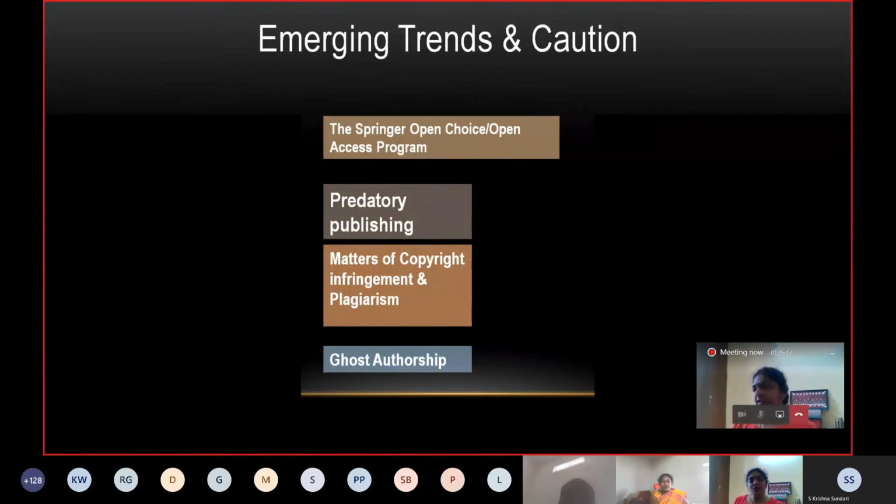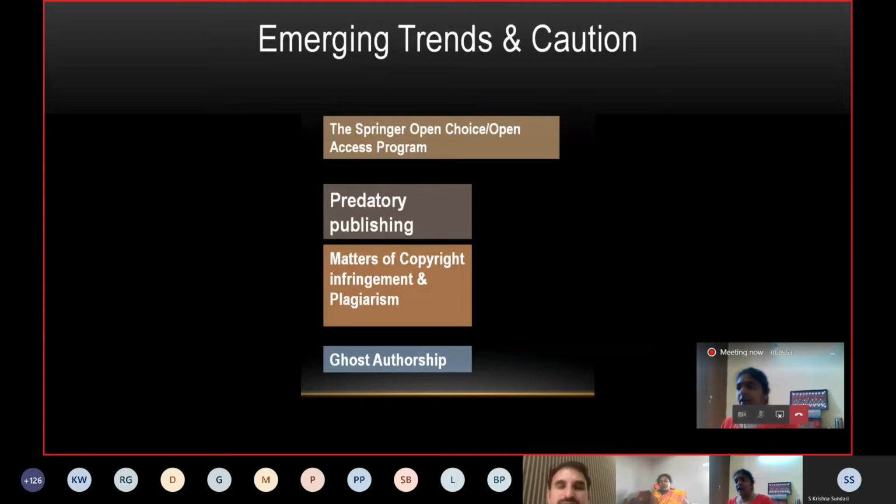Now, what are the emerging trends and cautions? Where is it that you have to be careful? First of all, these days there is a system of open access program or open choice program. Many a times these open access publications are charged. Sometimes these charges are very heavy also. So you have to make a decision whether you want to go for an open choice publication or not.